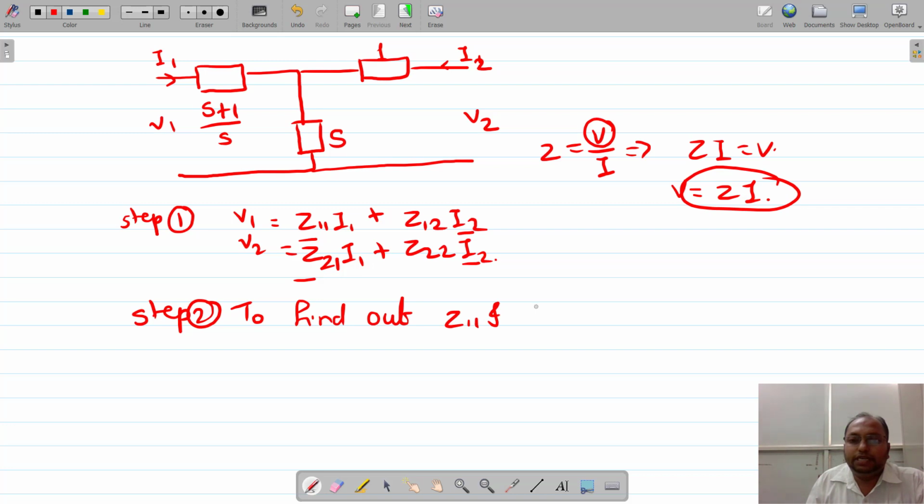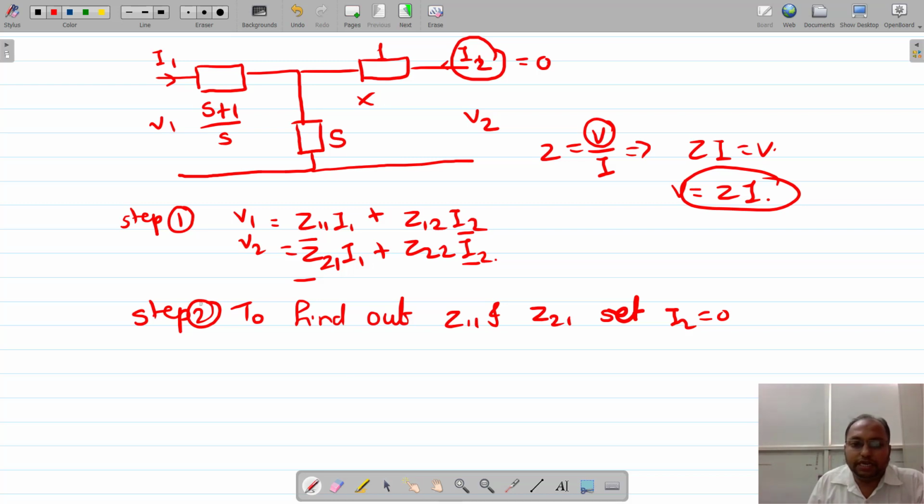Therefore this 1 ohm resistor will not be in the picture once we set I2 equal to 0, because no current is going to flow through it. If the current is not flowing through that particular element, it is of no use. Simply it will be disconnected from the network.